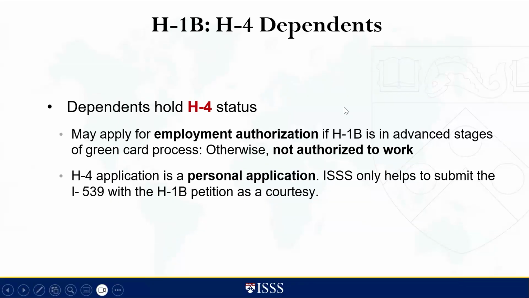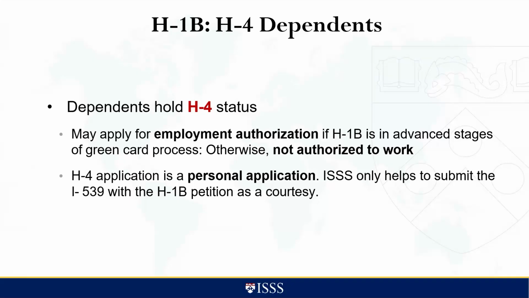H-1Bs are also permitted to have dependents with them, children and spouses. They're under the status called H-4, which does not typically allow for employment authorization, so they're not typically allowed to apply for an EAD. However, if the H-1B beneficiary is at an advanced stage of the green card, the legal permanent residency process, they can separately apply for employment authorization.